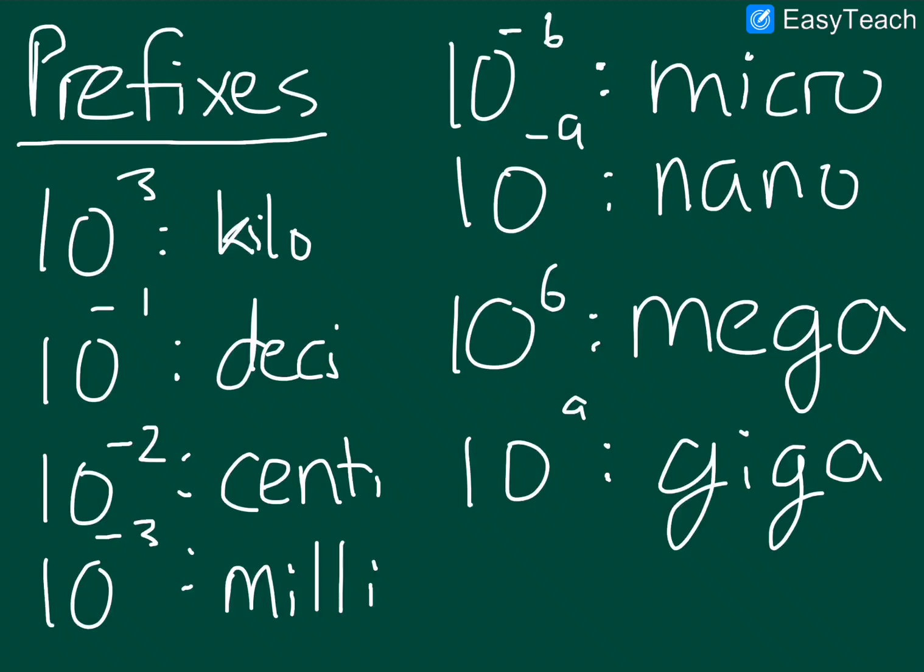Usually in chemistry, we just use scientific notation, which is a number from 1 to 10 times a power of 10, something like 3 times 10 to the power of whatever you have up here.